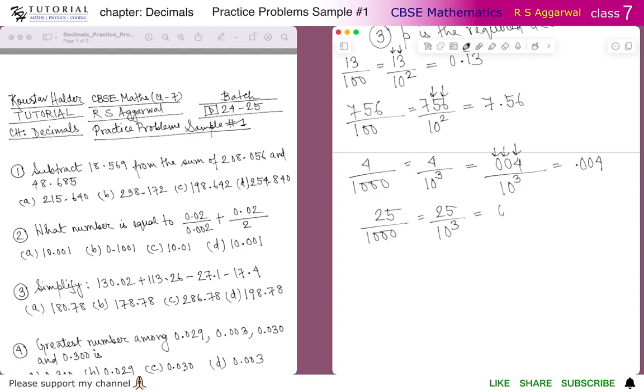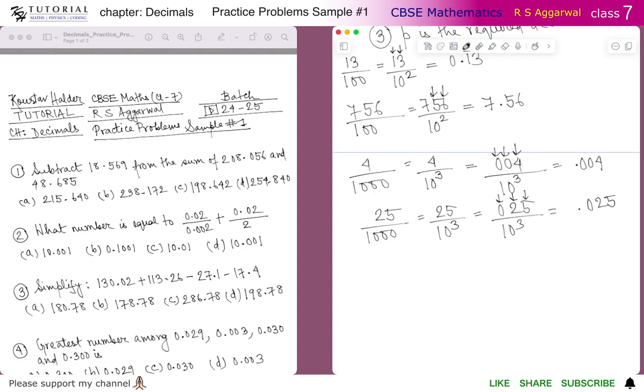So we have to add 1 zero to 25, and then finally we put the decimal point in the numerator after 3 digits from the right. So it becomes 0.025. You can omit this 0, it means the same. So this is the decimal number.